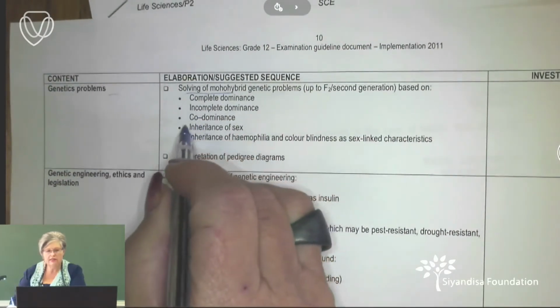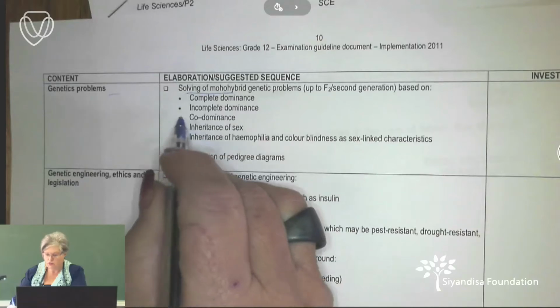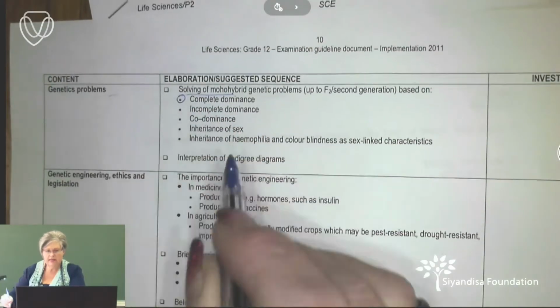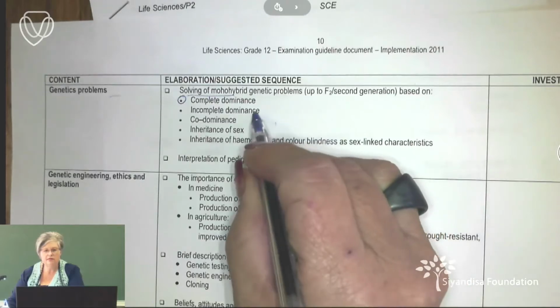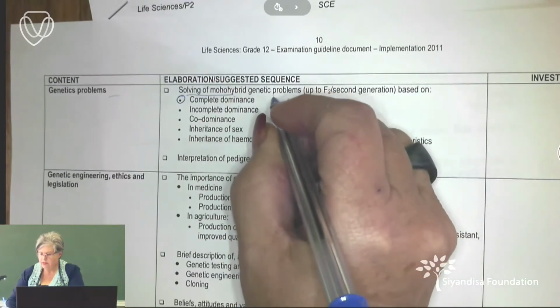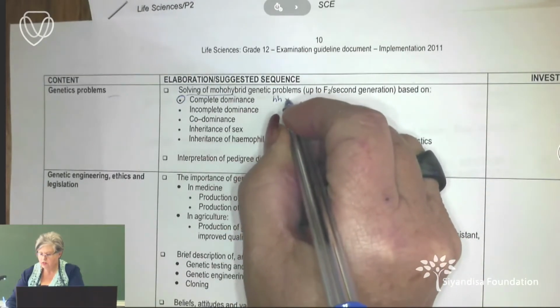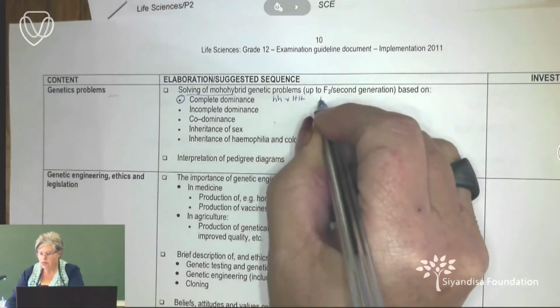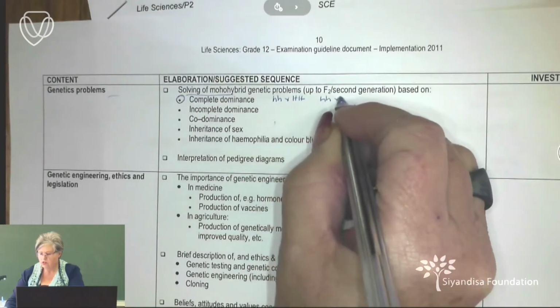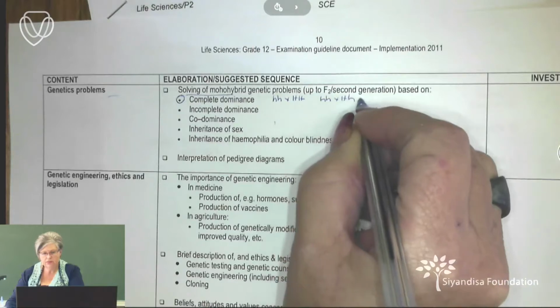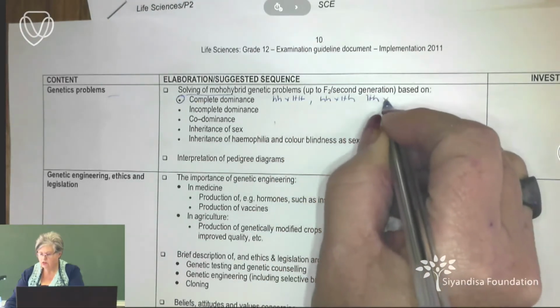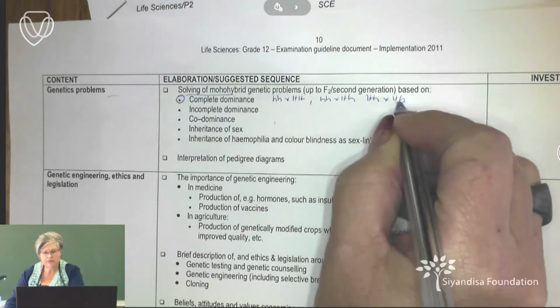We must solve complete dominance, and incomplete dominance; there are 3 crosses. That is a homozygous cross with a homozygous, or a homozygous cross with a heterozygous, or a heterozygous cross with a heterozygous.